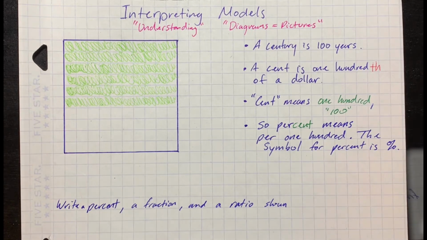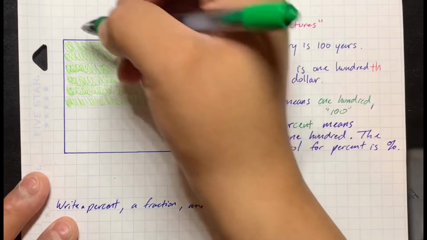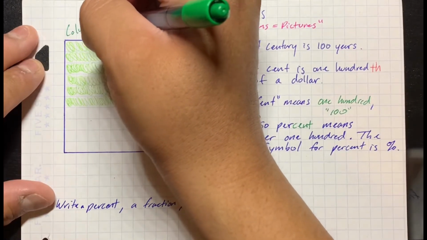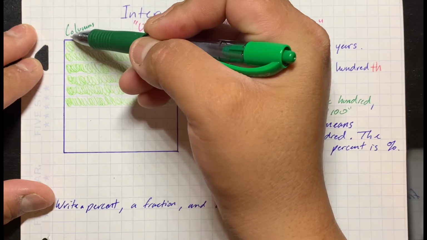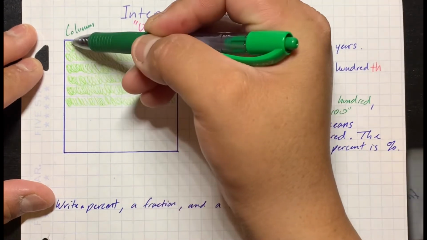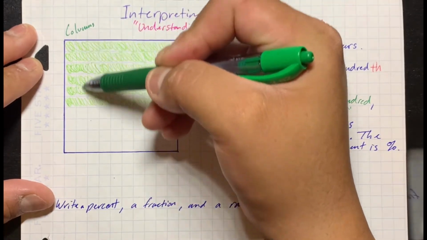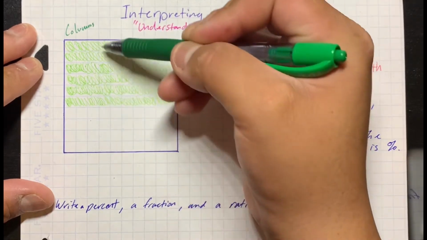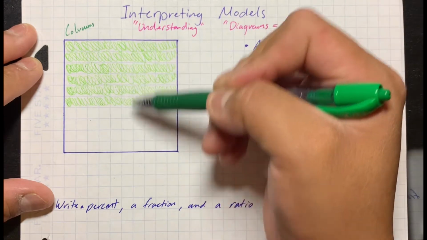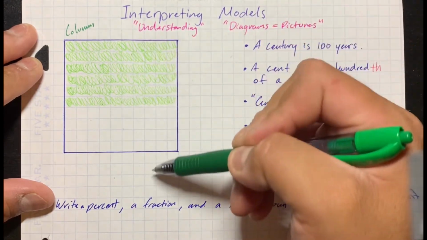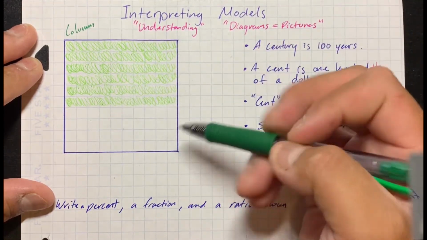All right. So if we count all the columns, okay, the columns are basically counting across. So we have 1 column, 2 columns, 3 columns, 4 columns, 5 columns, 6 columns, 7 columns, 8 columns, 9 columns, and 10 columns.